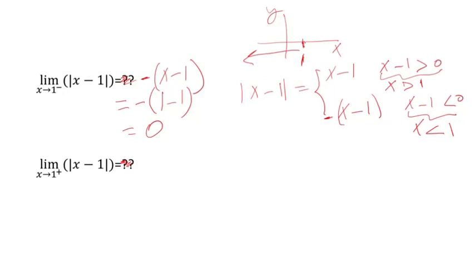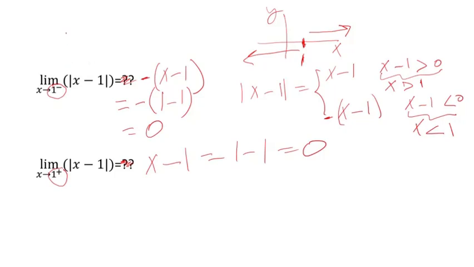So 1 plus just means it's to the right of 1, which means x is greater than 1, which is this case here, which is x minus 1. So just x minus 1, then replace x with 1. 1 minus 1 is 0. Again, this concept of 1 plus or 1 minus will become more important in other videos where you evaluate the limit.